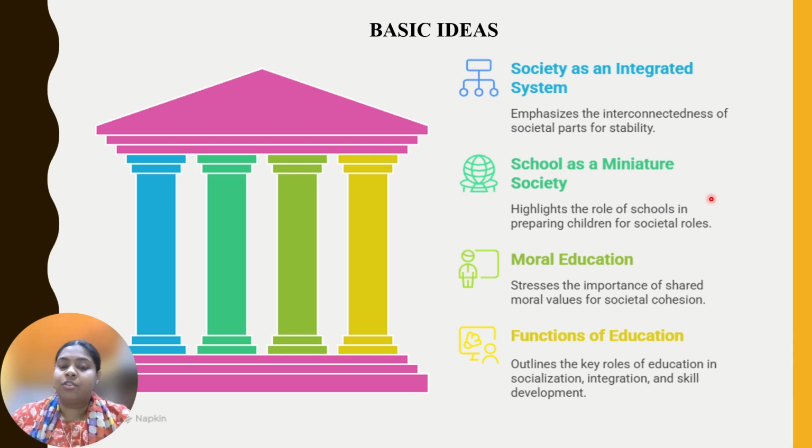He highlights the role of schools in preparing children for roles that they'll play in the society. He also gives importance to the moral value education that must be provided to the students in the school. He also highlights the functions of education that help an individual to socialize and develop skills that will help develop the society altogether.